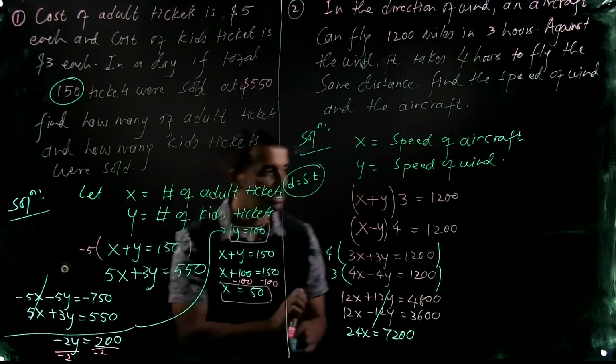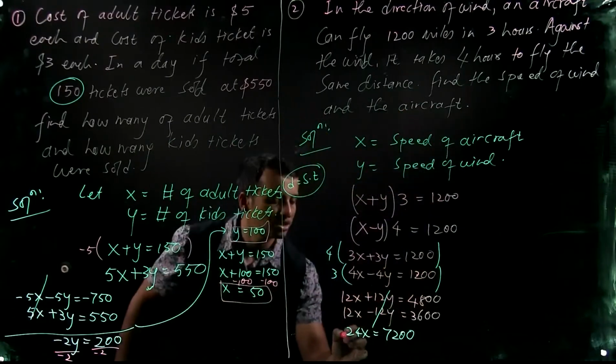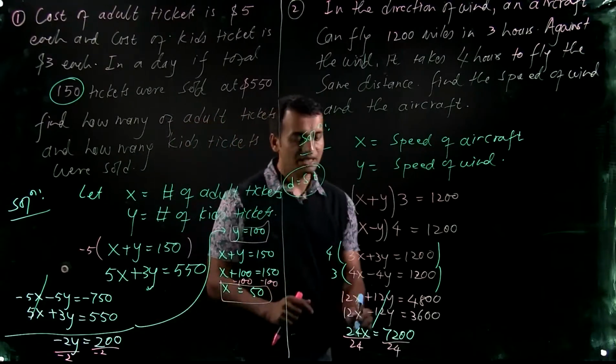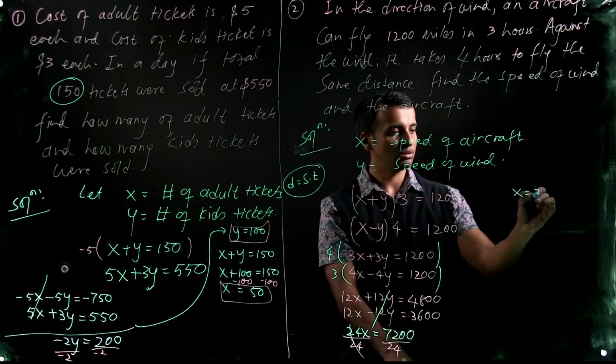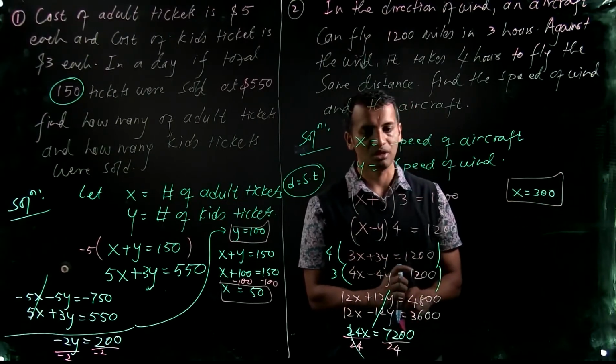Now divide both sides by 24. If you divide both sides by 24, this will cancel, and you get x equals 300. So you get x equals 300. That is the speed of the aircraft.